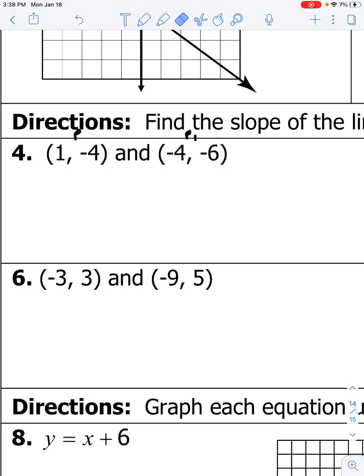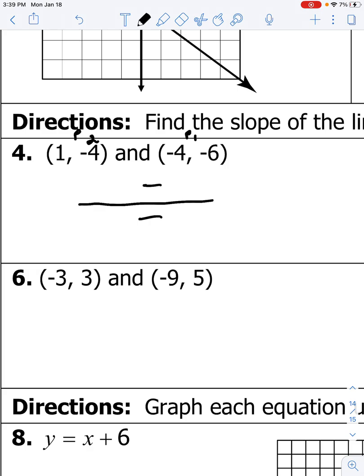When you do that, that allows you to do this right here. So this is the slope formula set up.